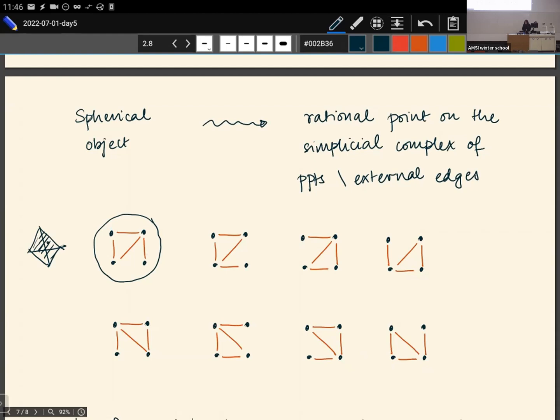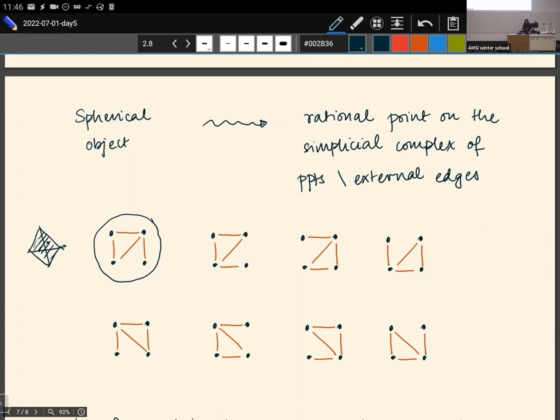Because the way the translation goes is I have a weight for each edge, which could have been a real number, but if I start off with an honest curve, it's always going to be an integer, in fact a positive integer, up to a simultaneous scalar.